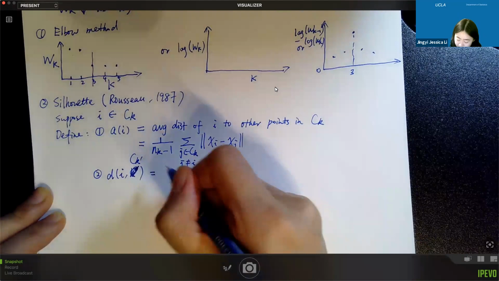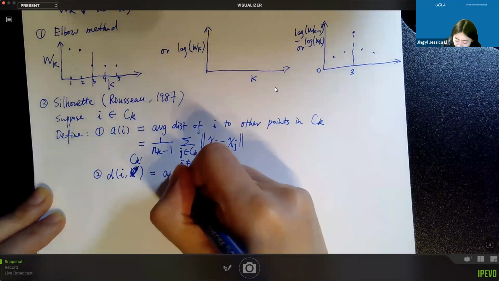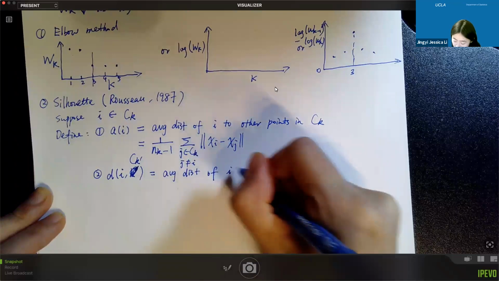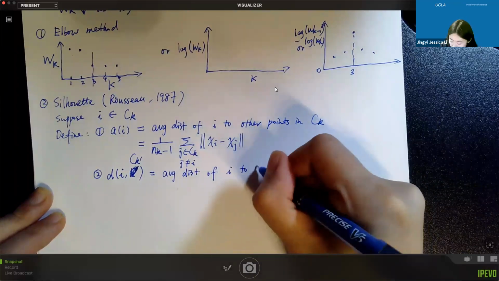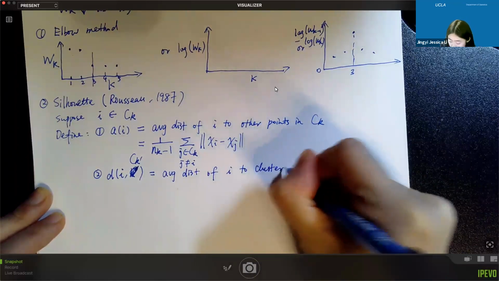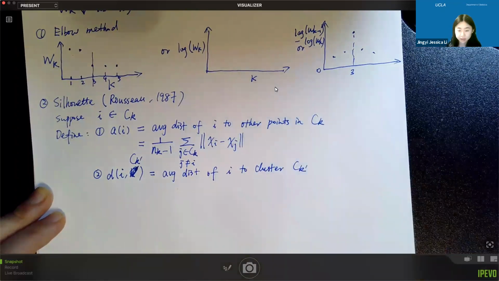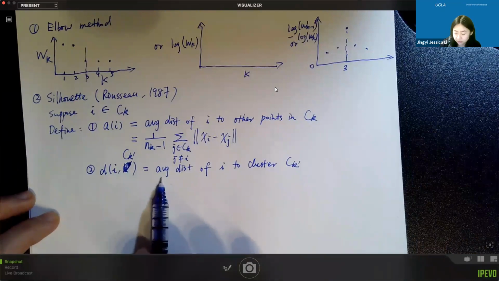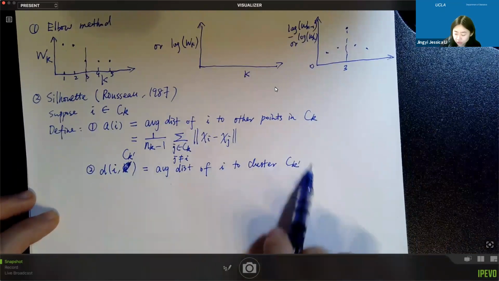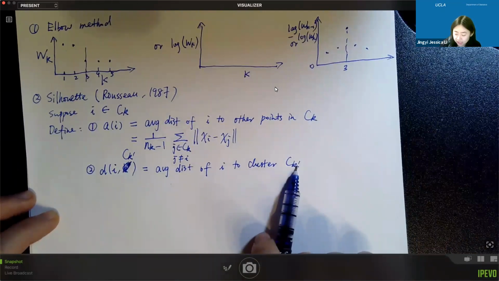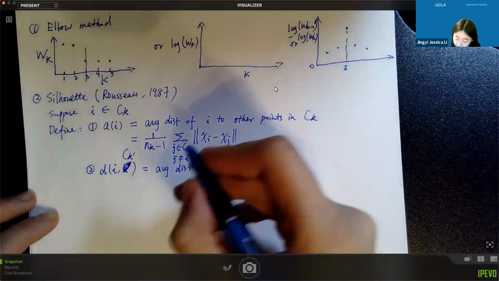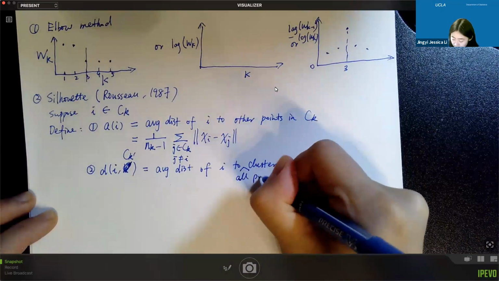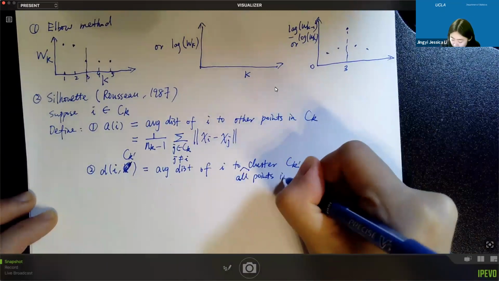I will define this as the average distance of I to cluster CK prime, where the average is taken over all points in cluster CK prime.